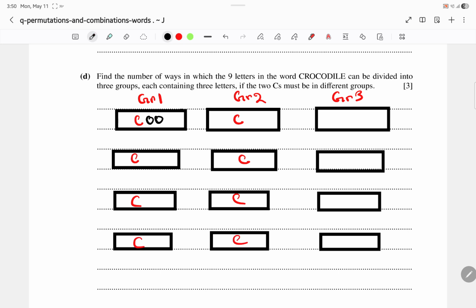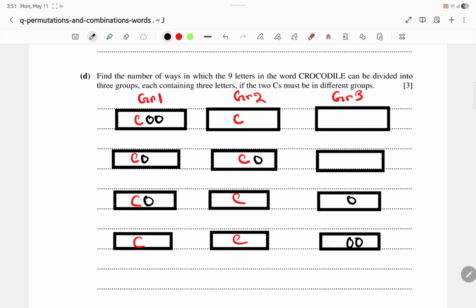Let's consider that group 1 has one O, and group 3 has another O, and group 1 has another O, or over here group 2 has another O, or we can say that 2 O's are together in this group.